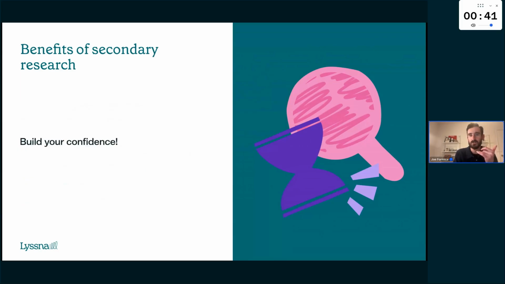Most of all, one of the biggest benefits of secondary research and being prepared is that it's going to build your confidence quite a bit. Not only is it going to help you ask better questions and maximize that one-on-one time with participants, but it is going to have you feeling more confident going into the interview, more confident that you understand the subject matter area, that you understand maybe some of the context or conversations going on around it, and your confidence to ask good follow-up questions.